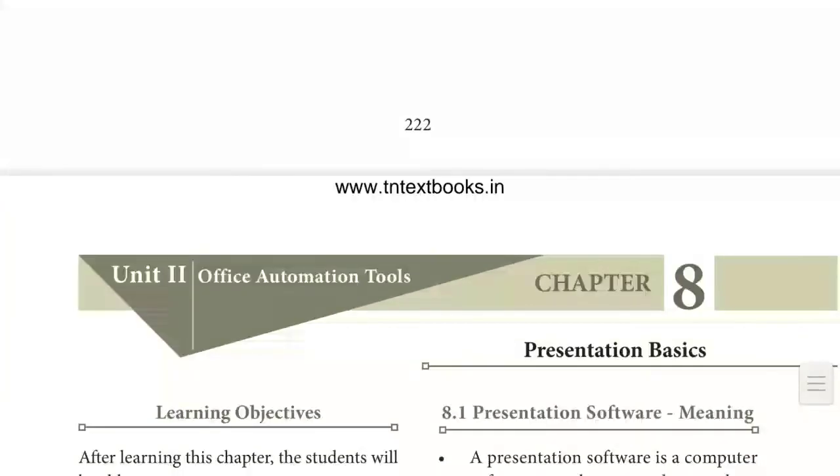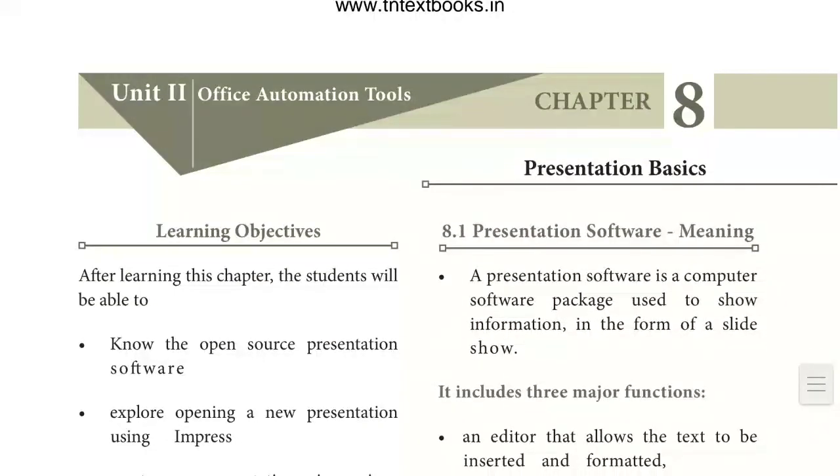In this chapter we'll be seeing about OpenOffice presentation. OpenOffice Impress is a separate software that is used to create PowerPoint-style presentations on the OpenOffice platform. So thank you, students.